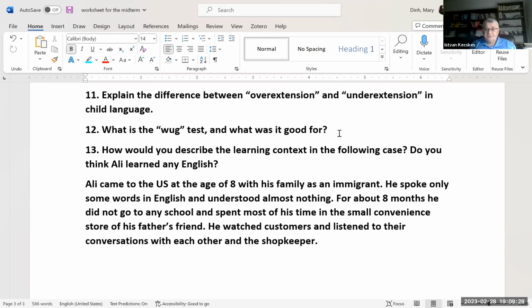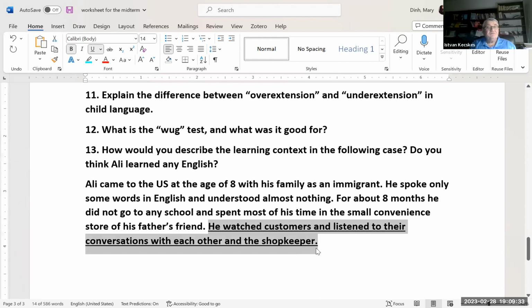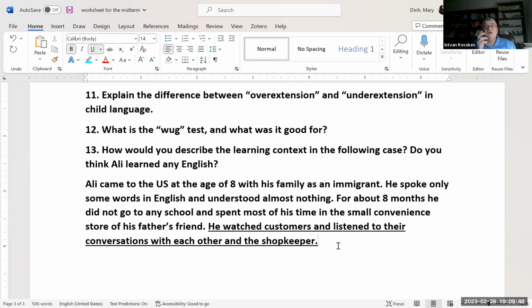So if you look at the last sentence, it says, he watched customers and listened to their conversations with each other and the shopkeeper. So it's very important that he was listening to them, so he was noticing things in the input there. So he was not just a passive person who was exposed to the second language just because there was nothing else in that environment for him, but he was actually listening to them.